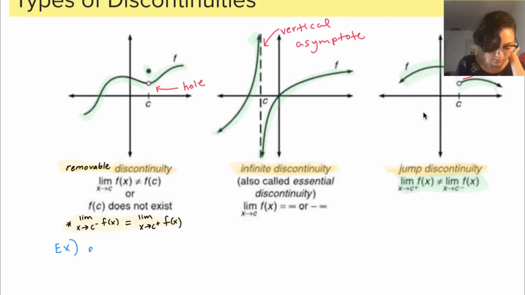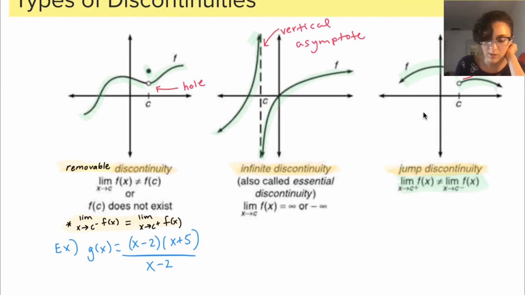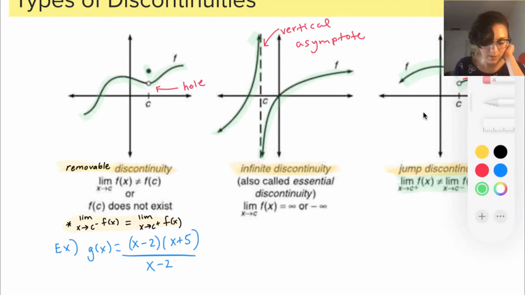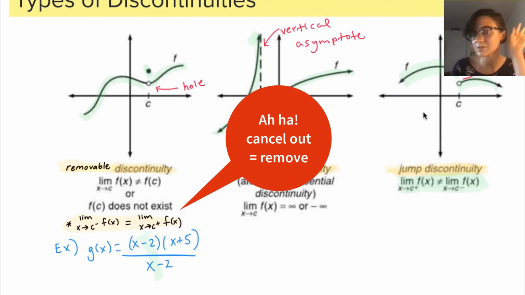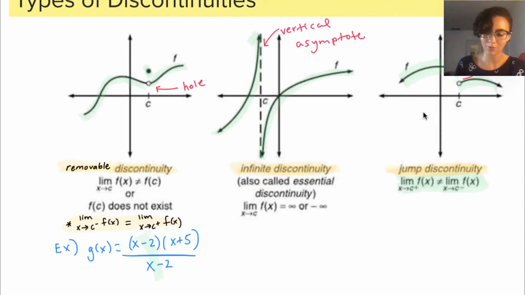So one example is if I had g of x equals (x minus 2) times (x plus 5) over (x minus 2). In this equation, because I'm able to cancel or remove the term x minus 2, that will result in a hole.